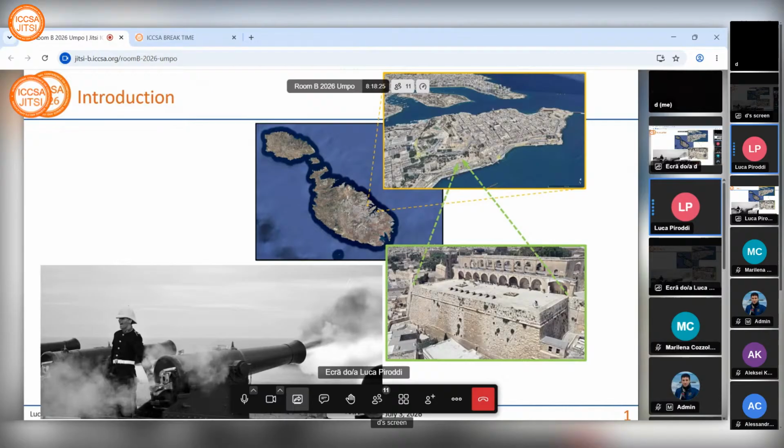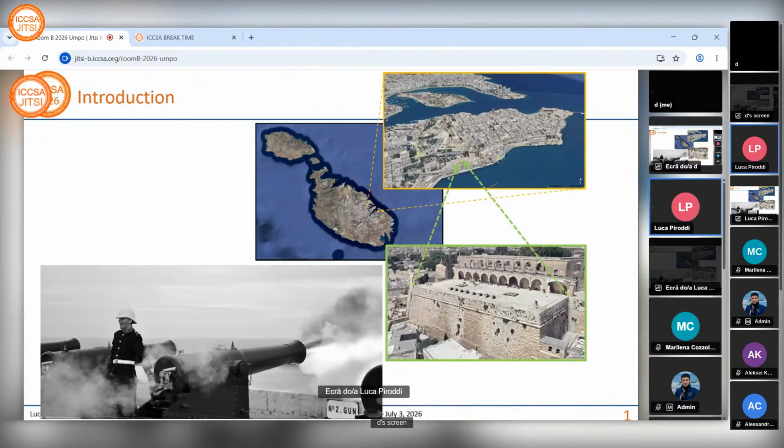Presently, the guns are fired at noon, at 5 in the evening, and of course on ceremonial occasions.